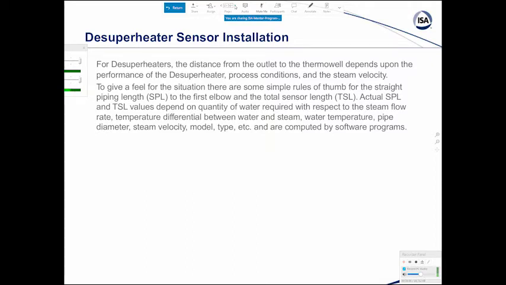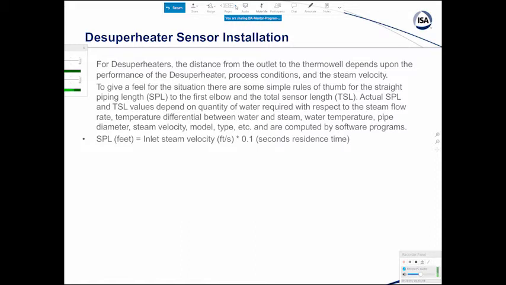The actual SPL and TSL values depend upon the quantity of water required with respect to the steam flow rate, temperature differential between water and steam, water temperature, pipe diameter, stream velocity, model type, etc., and are computed by software programs. But here we have some rules of thumb to give you an idea of what's going on.